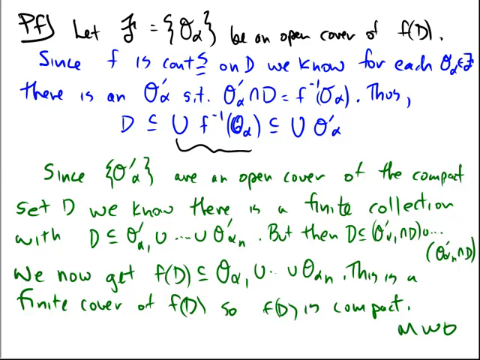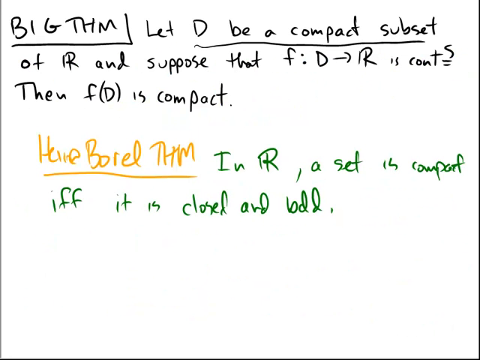So yay! We have the big theorem for this unit: when we have a compact set and then we use a continuous map, it is sent to a compact set. So via Heine-Borel, remember, a compact set is, if and only if, closed and bounded. So if we have closed and bounded sets, they get sent to closed and bounded sets.